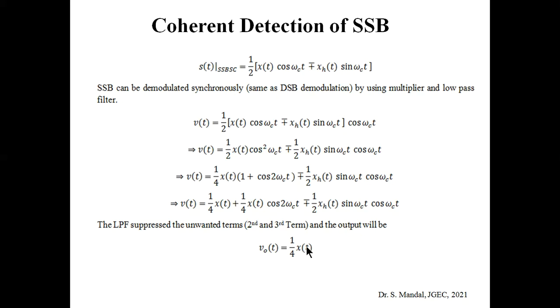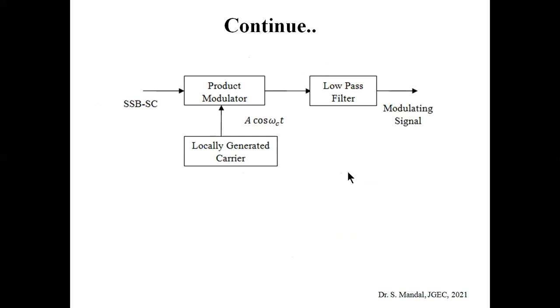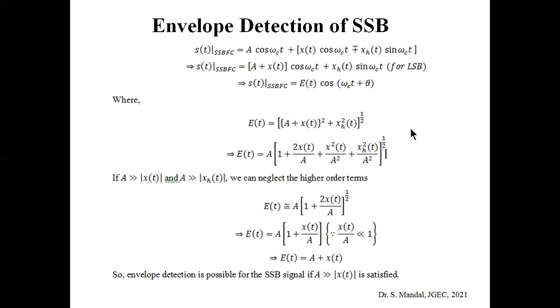This is the coherent detection. This is the block diagram for the coherent detection. The locally generated carrier generates A cos omega ct, and in the product modulator we multiply the incoming SSB-SC signal with A cos omega ct. After that, the output of the product modulator passes through the low pass filter, and ultimately we get the modulating signal as output. So this is the coherent detection for the SSB.